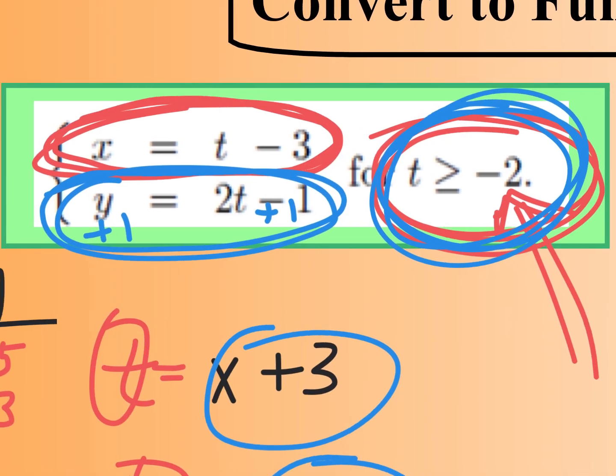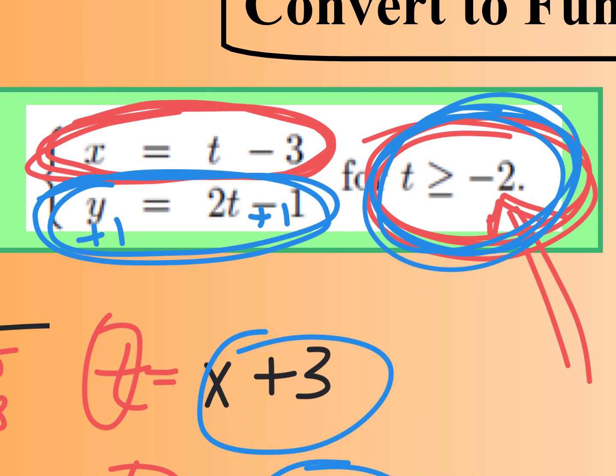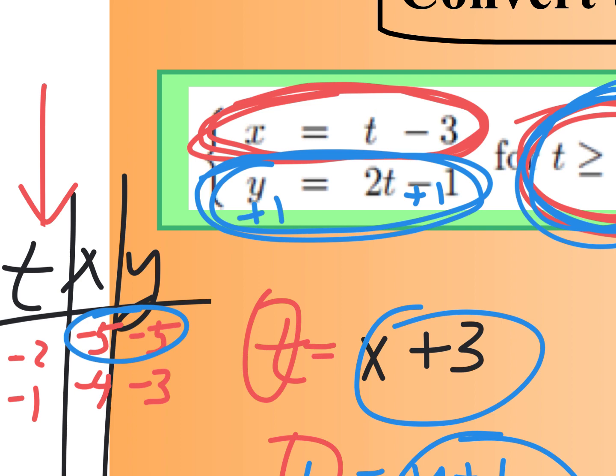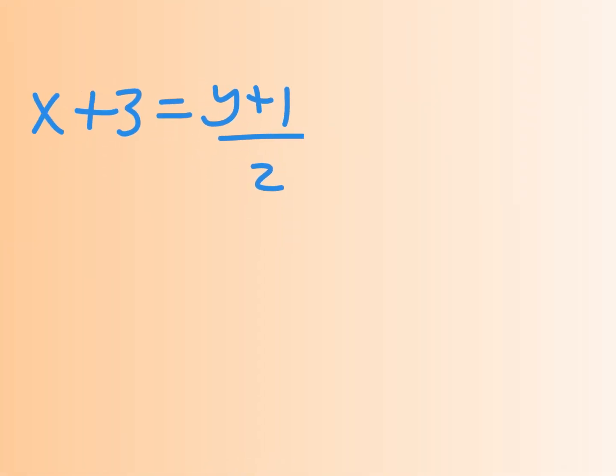This one, we saw it. It started at -5, and then it kept going up and to the right forever. So how do we get this to have the same kind of limit? We say x has to be between two things. But what does x have to be between?